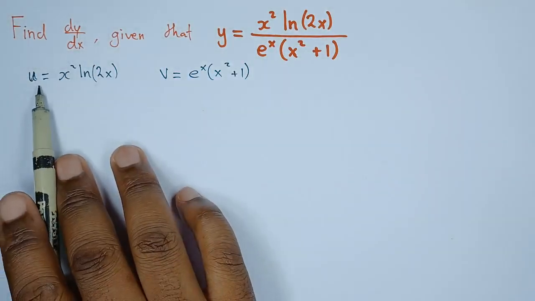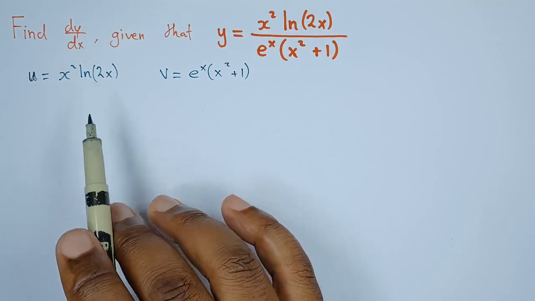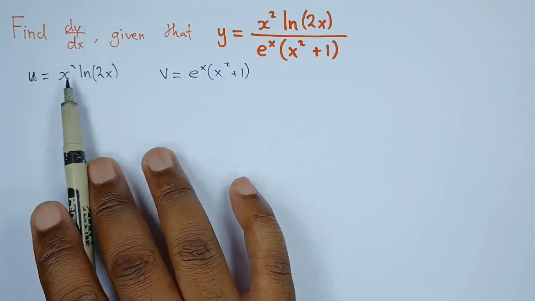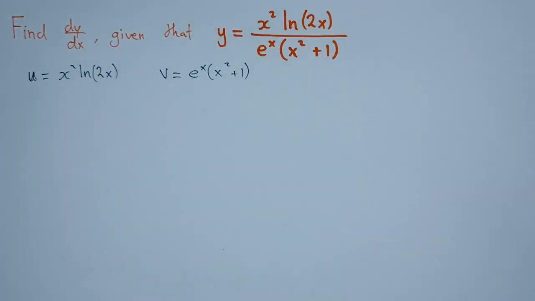So the derivative of this, we're supposed to use the product rule. Now, it's important to note that to use the product rule, again, we have to consider two functions multiplying. So this is what I want to do. Let's apply the product rule in the process of trying to differentiate this whole function.